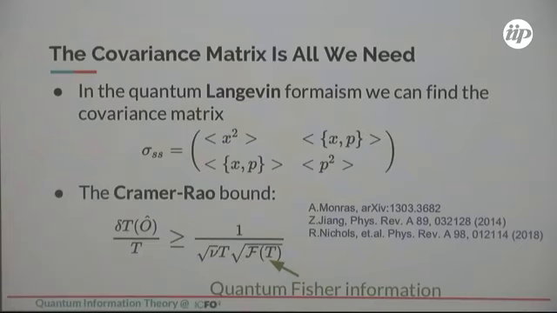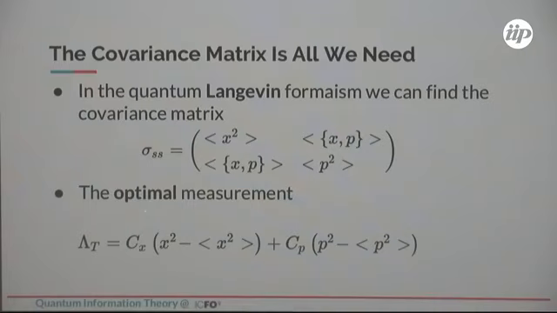However, for our case, because we are only measuring the temperature, we stick to the paper of Alex Monras. The details are there. If you have the covariance matrix and its temperature dependence, you can quantify the error very easily. So we have basically everything. Let's look at some examples.